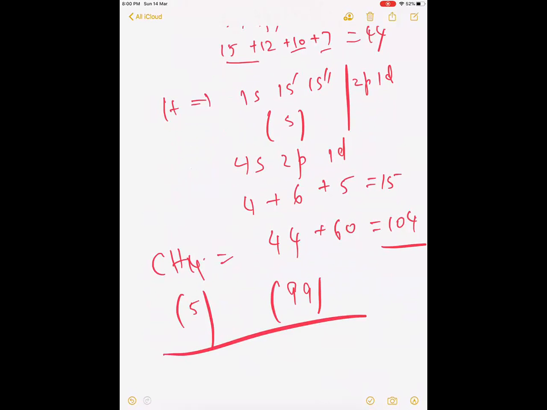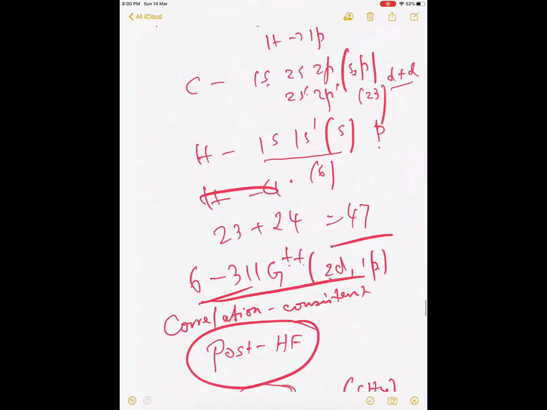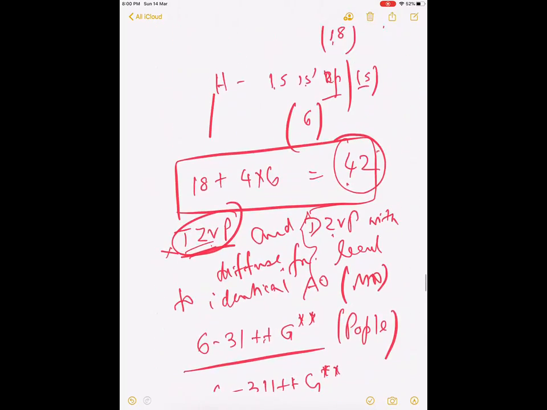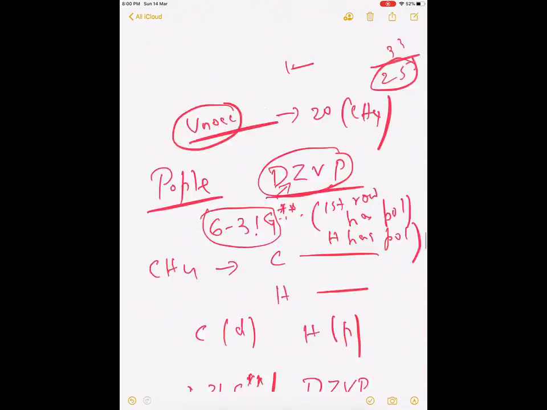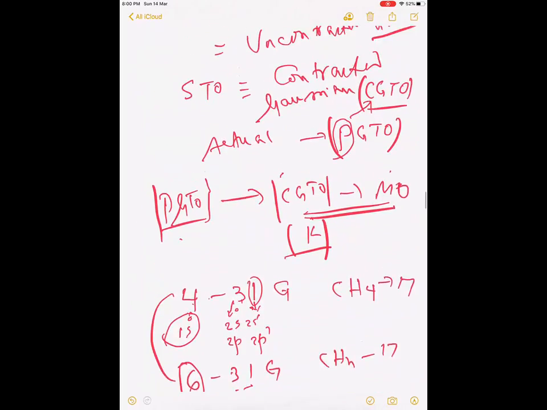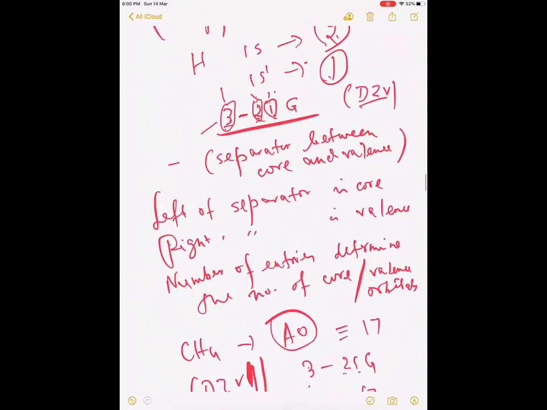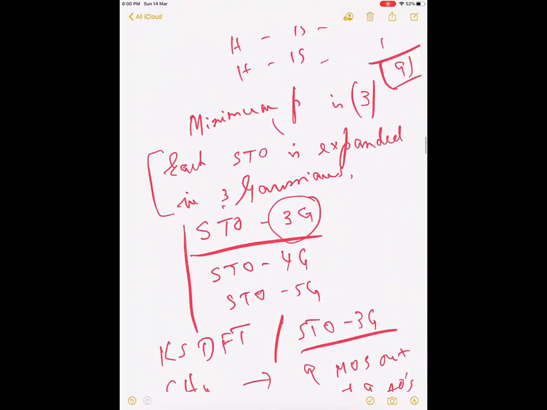Somebody may ask the question, why do you need unoccupied orbitals? You need them, because even the occupied orbitals are expanded in terms of the k number of atomic orbitals. So I need as large a k as possible. So don't forget that. My original idea of the Roothaan calculation was that a molecular orbital is expanded in terms of the atomic orbitals. Let me go back.